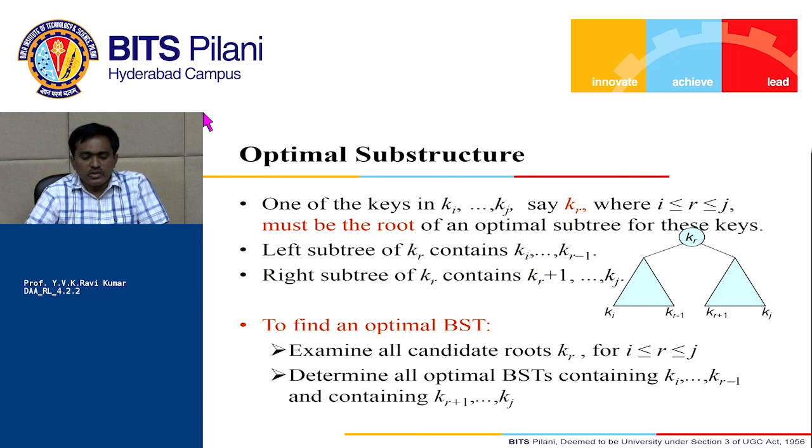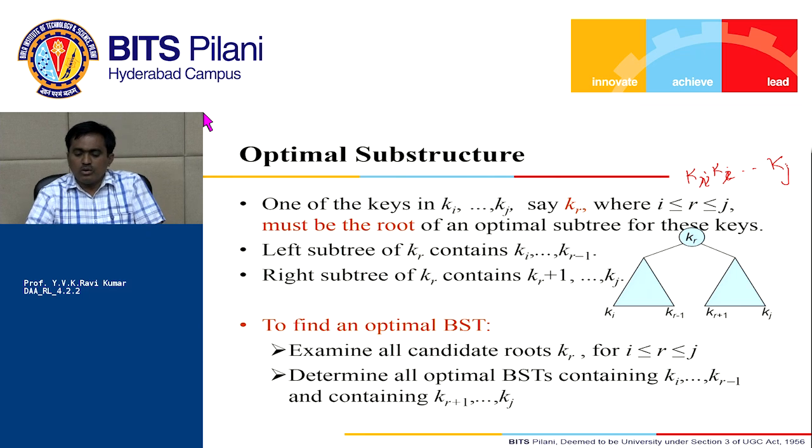The first step is to construct the optimal substructure, where we are going to have the keys ki, ki plus 1, and so on up to kj. Now we select one of the keys, that is kr, as the root. Suppose this kr is the root of the optimal binary search tree.